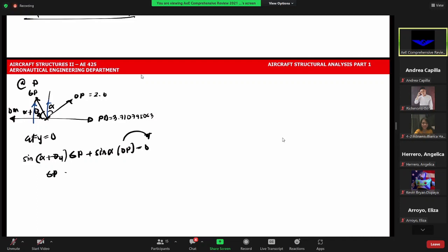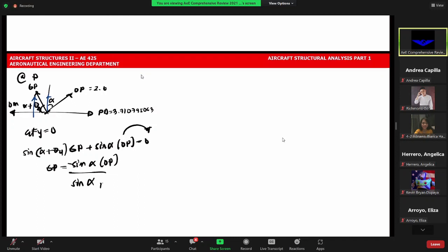That is GP is equal to negative sine alpha OP over sine alpha plus theta sub 4. So GP is equal to negative sine alpha, 2.6 kips over sine alpha plus theta sub 4.